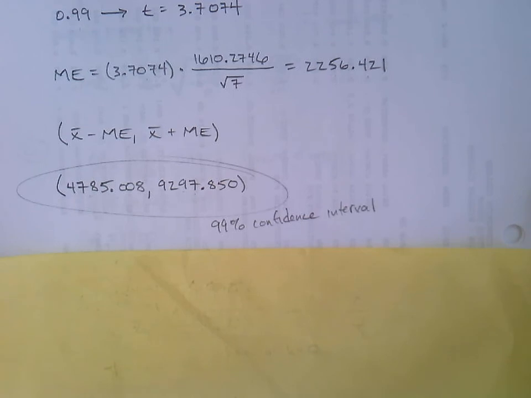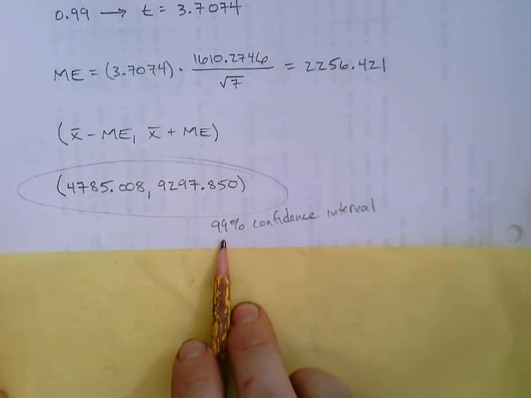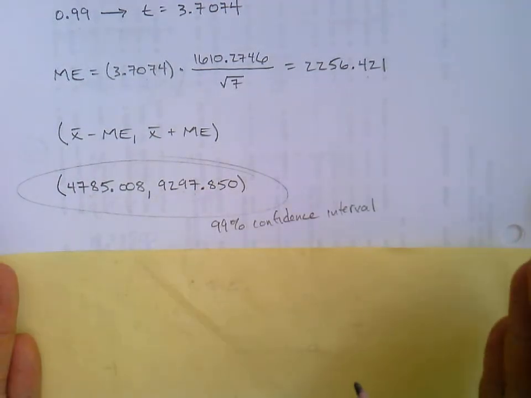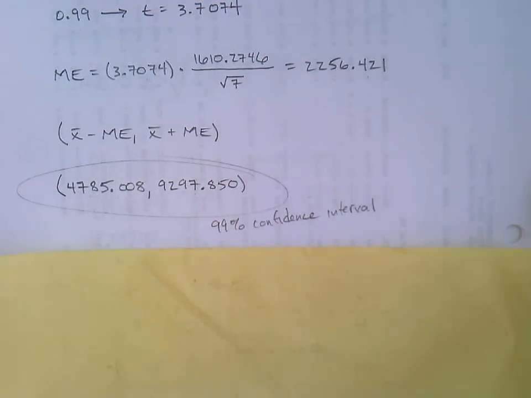A big reason is it's the 99% confidence interval, which means we're spreading those numbers out so we can be more confident that it contains the population mean. But also, that's just the nature of the student T. You're less confident, and so you need more of a spread. So if we're going all the way to 99%, there's going to be a big spread. Also, there's quite a spread in the data that is given to us.